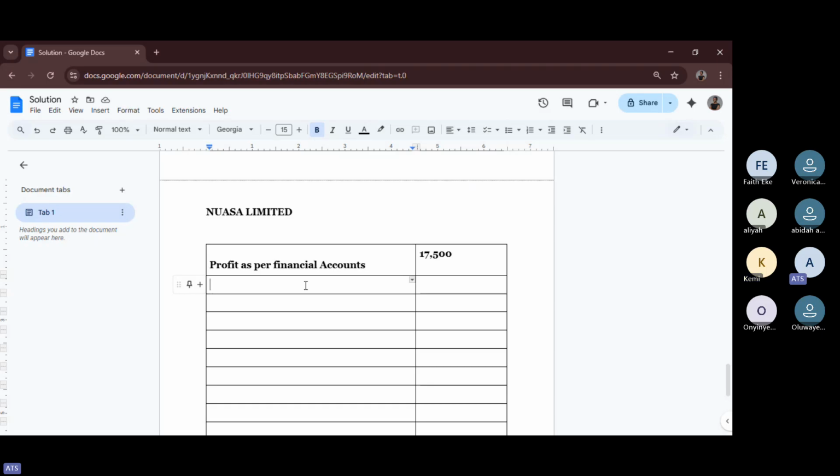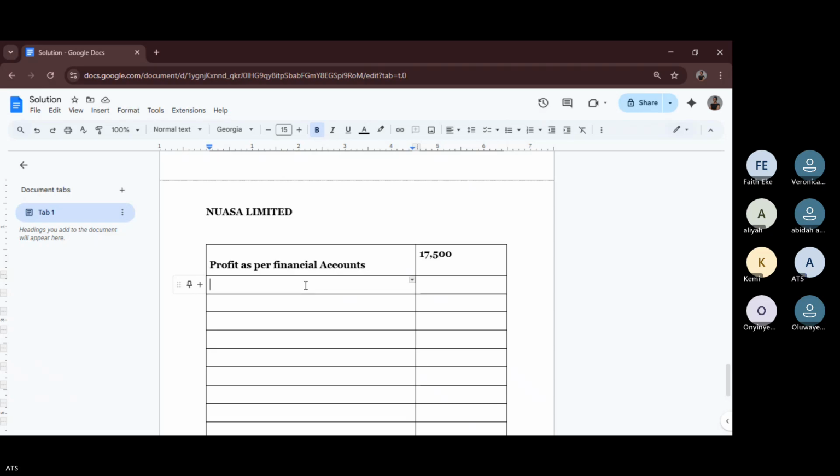It is the same treatment for all types of inventory. Now, do we have an increase? Let's look at raw materials first. Only raw materials. Do we have an increase or decrease in opening inventory? Increase. Yes, thank you.